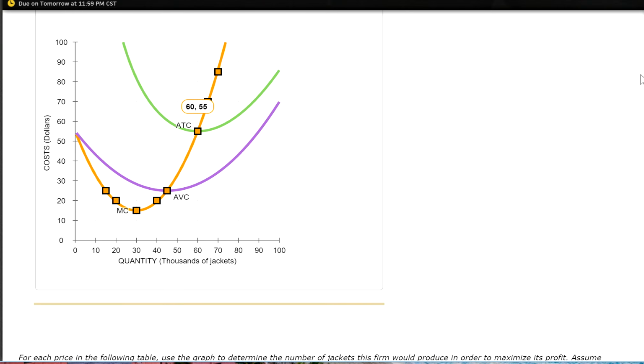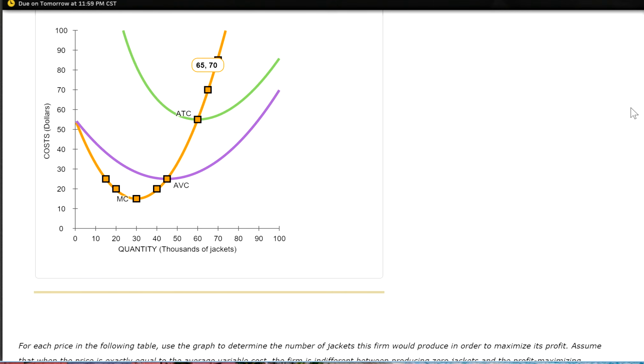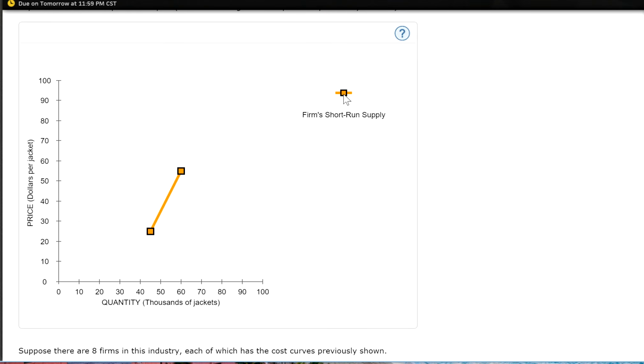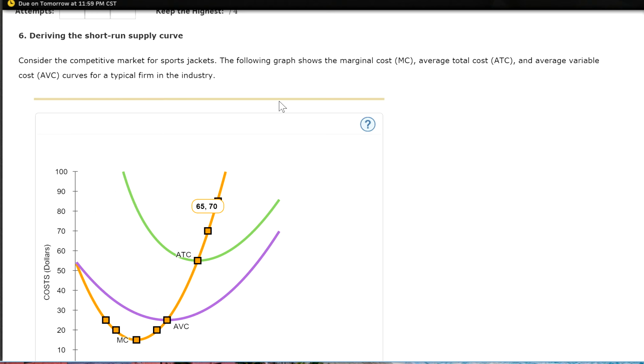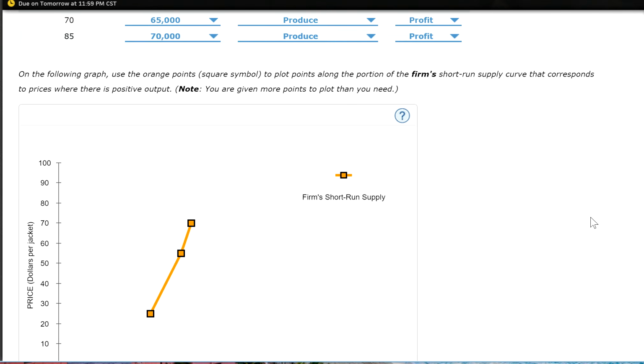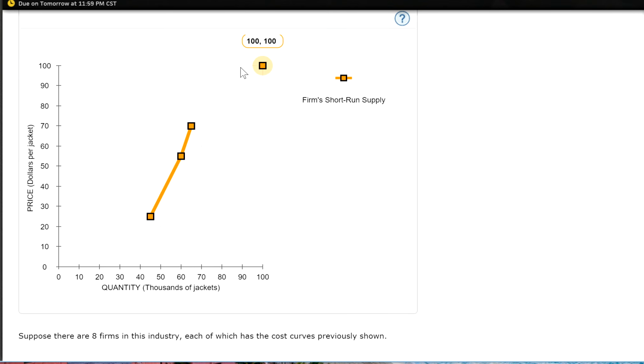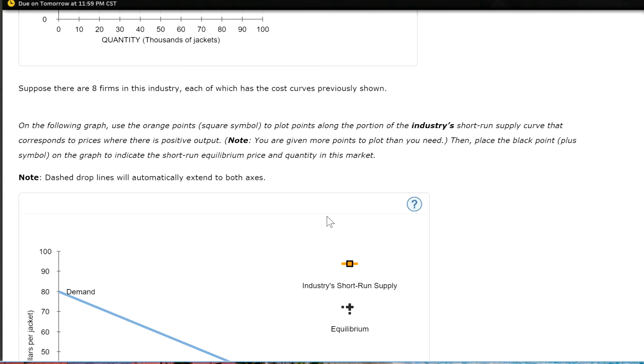The next point is 65 and 70. The last point is 70 and 85. Alright, so that's that.